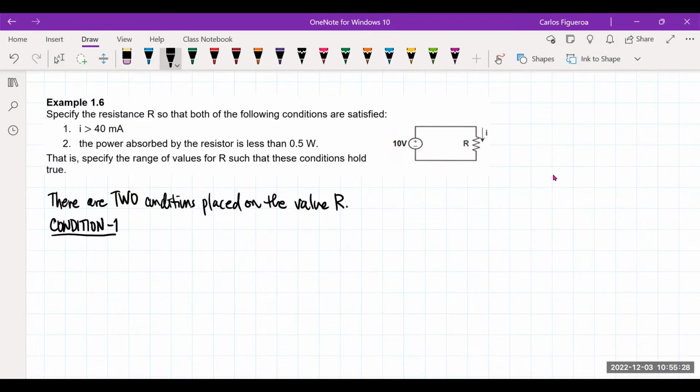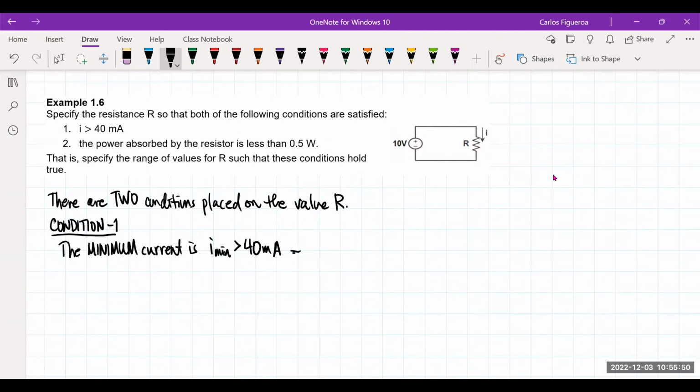So the minimum current, I min, has to be greater than 40 milliamps.